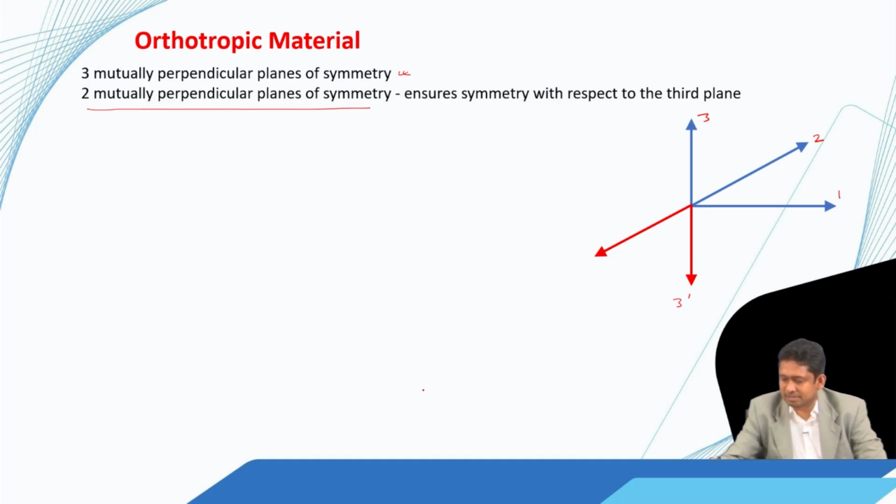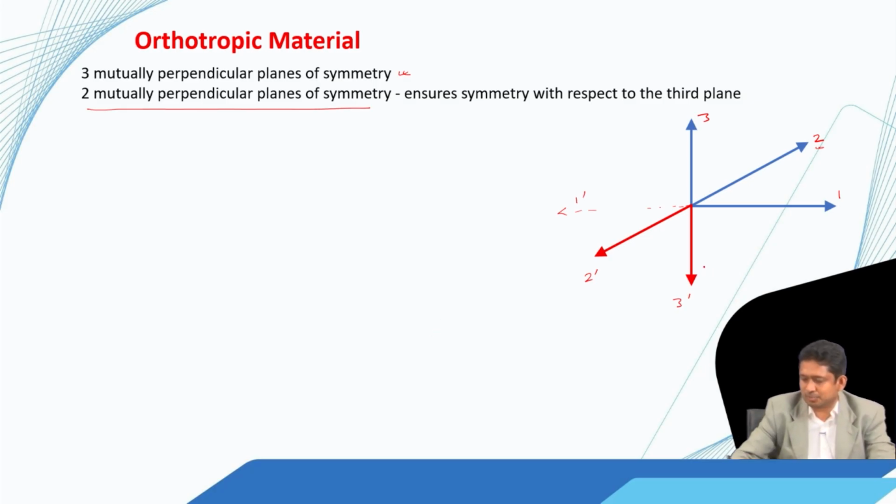And similarly, if I invert this axis 2 to 2 prime, just 180 degree angle between 2 and 2 prime, then also the same constitutive relation holds, and this automatically ensures that an inversion of 1 would also give us the same constitutive relation. So today we will see how many elastic constants can further be reduced by inverting this 2 to 2 prime.